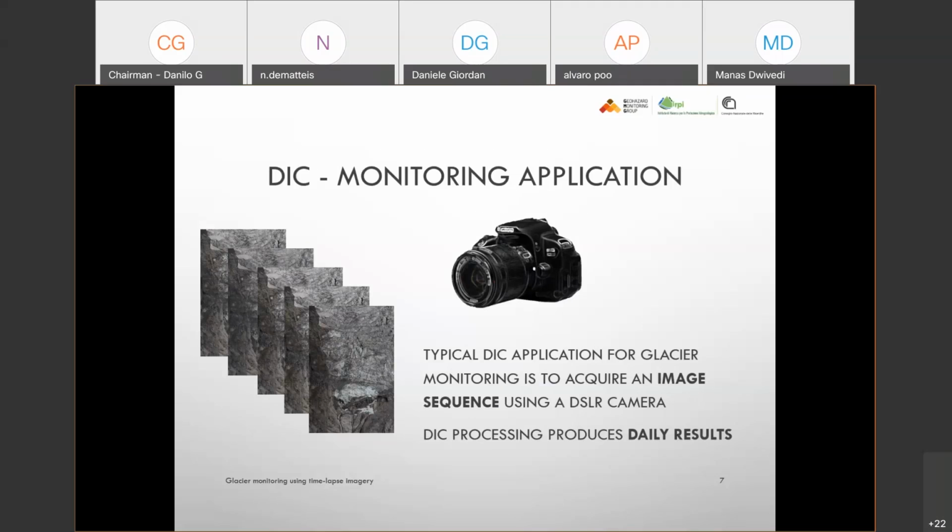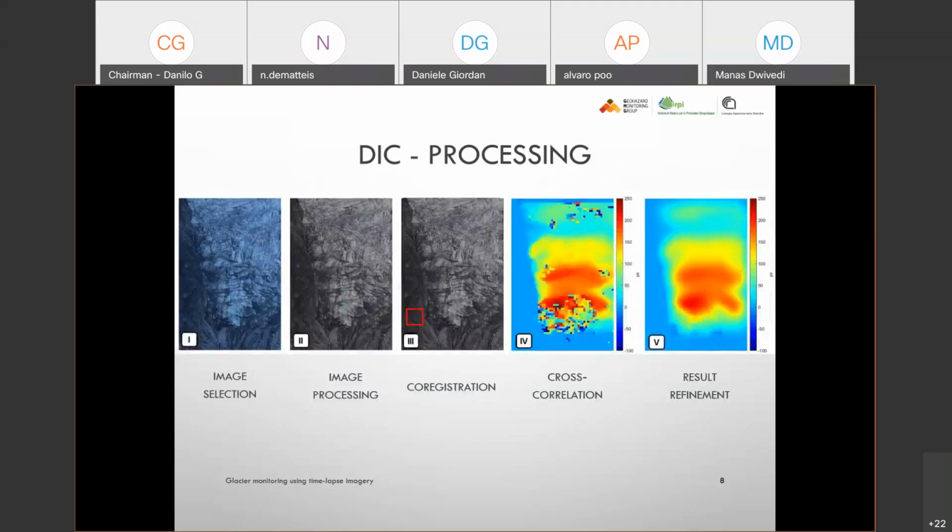And I will show why in a minute. The processing chain is usually composed of a series of steps that include the acquisition and selection of the images, some manipulation of the images to improve their quality, then the co-registration of the images, and the calculation of the cross correlation itself.